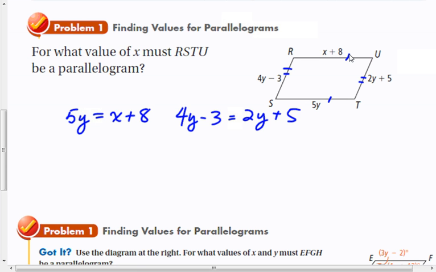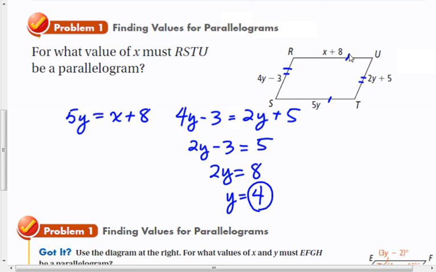And the second equation we can solve for y, so let's subtract 2y from both sides, add 3 to both sides, and divide both sides by 2, and we get y equals 4. And if we substitute that 4 in for y here, we get 5 times 4 is equal to x plus 8.